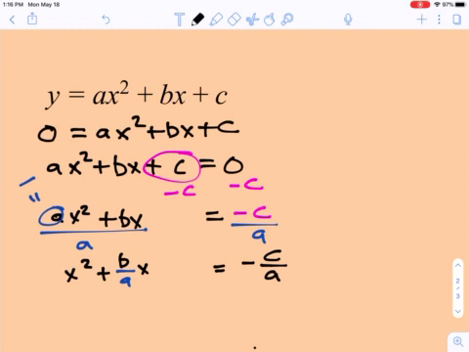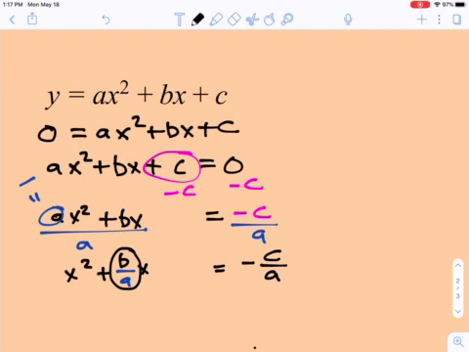The next thing we know when we are trying to complete the square is you take the term that's in front of the x, you divide it by 2, which is the same as multiplying it by 1/2, and then you square it. So we're going to do that off to the side here.